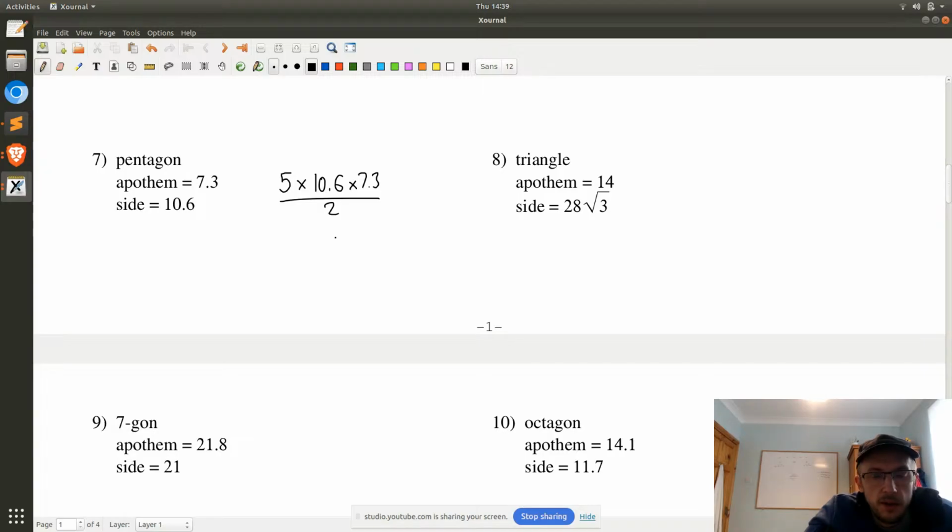So that's 53, and 53 times 7.3 is 386.9, so 193.45.